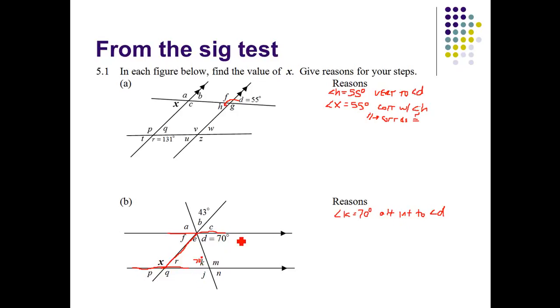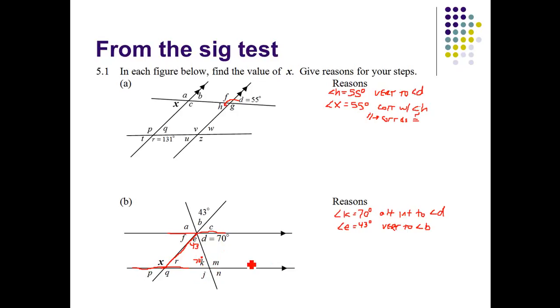Well, I could say angle E is equal to 43 degrees. It is vertical to angle B. Now I've got this angle 70 and this one is 43, so I could use the sum of the angles in the triangle.